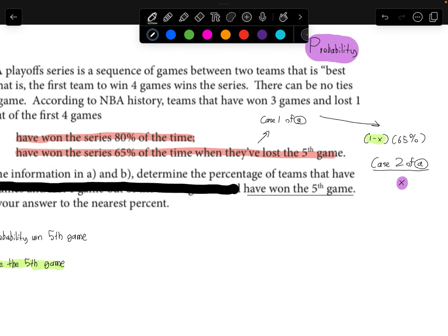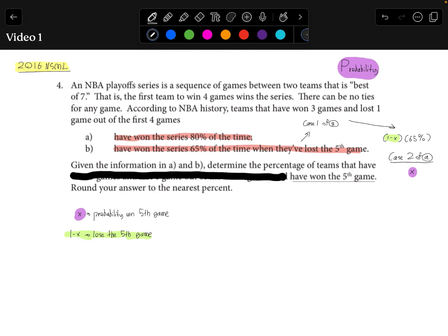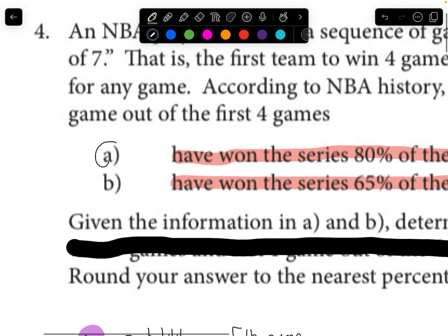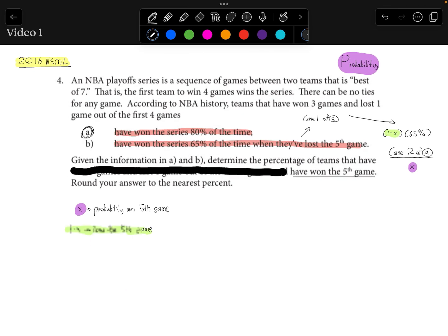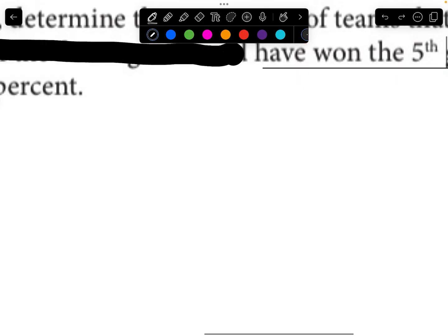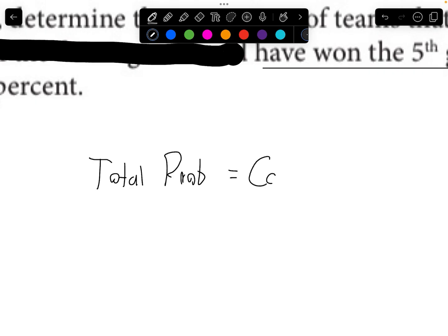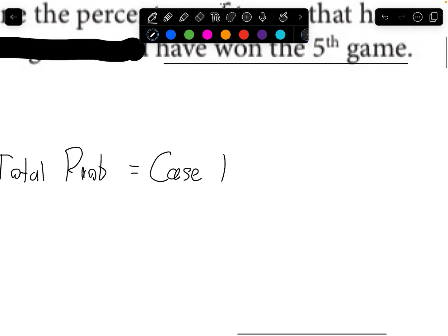Now that we have the two cases, what we can actually do is take this overarching case here of winning 80% of the time, right? So basically, you have total probability equals case 1 plus case 2.